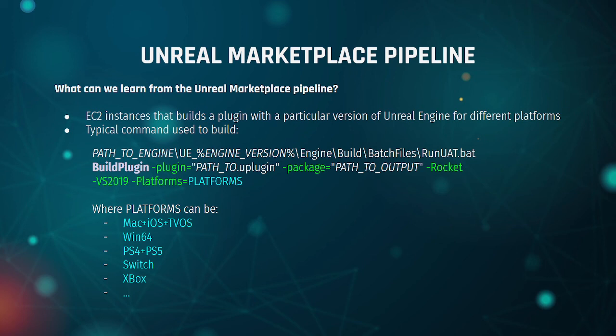Normally they have only Windows and Mac, so they run Windows and Android, and then they run Mac and iOS. But I don't think they run Switch, Xbox, or any console. Maybe they do a small check. Anyway, this is something that is interesting for us as a business because we can learn how they do things that we can replicate.